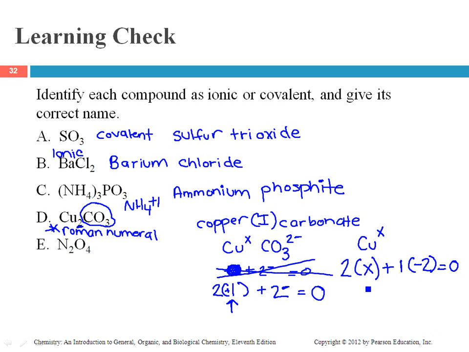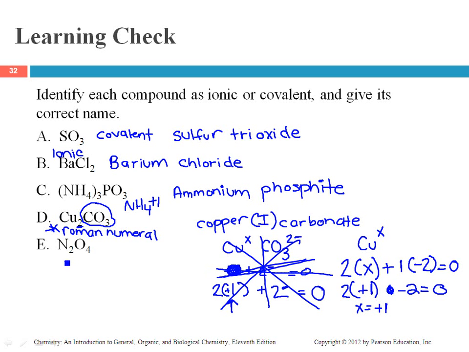So our x only has to be equal to +1, because 2 times +1 minus 2 equals 0. So our x is equal to +1. Okay, and to better show that, you have to be sure you take into account the number of atoms that you have in the formula.